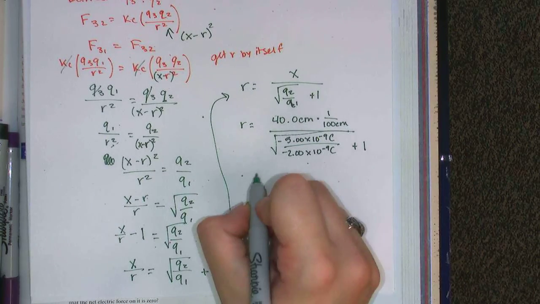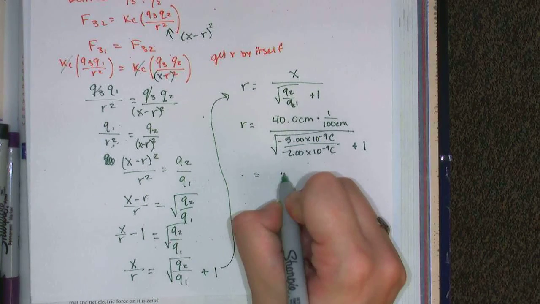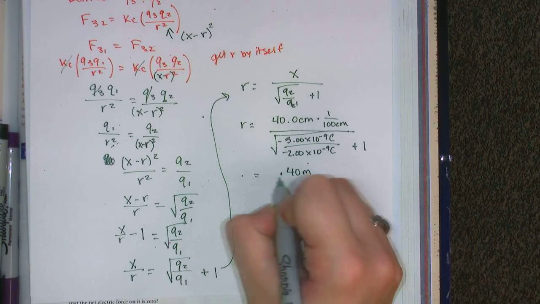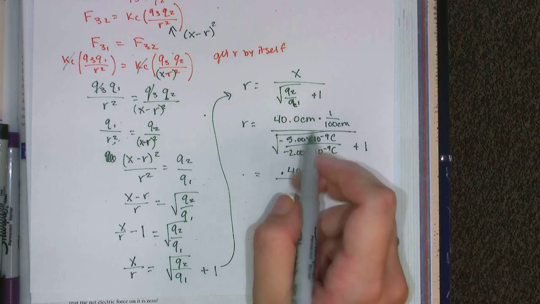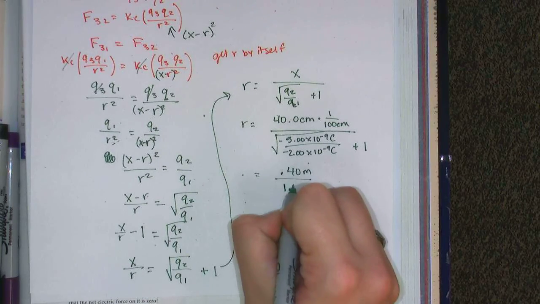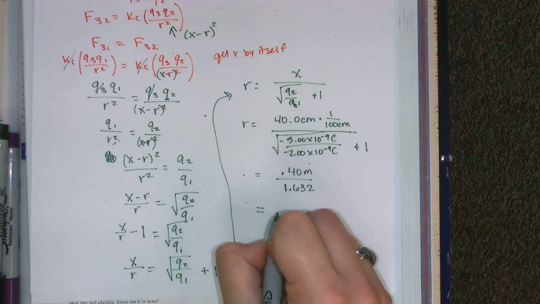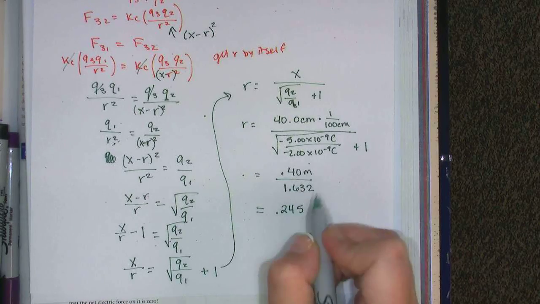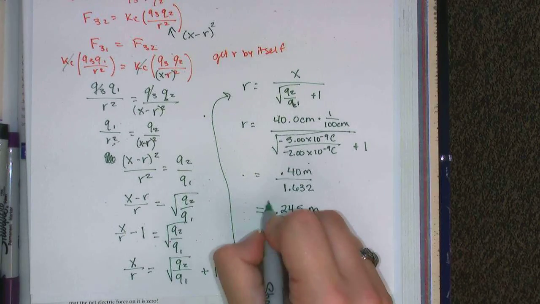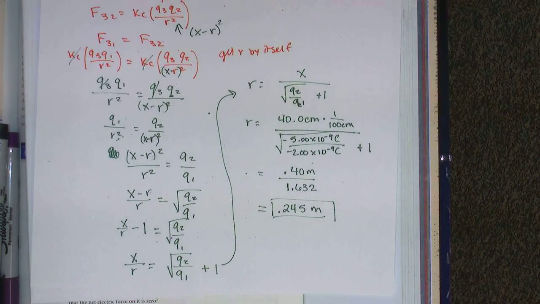So this comes down to 0.40 meters over, worked on the calculator, 1.632 approximately, which then gives us 0.245 meters for our R value that we were looking for.